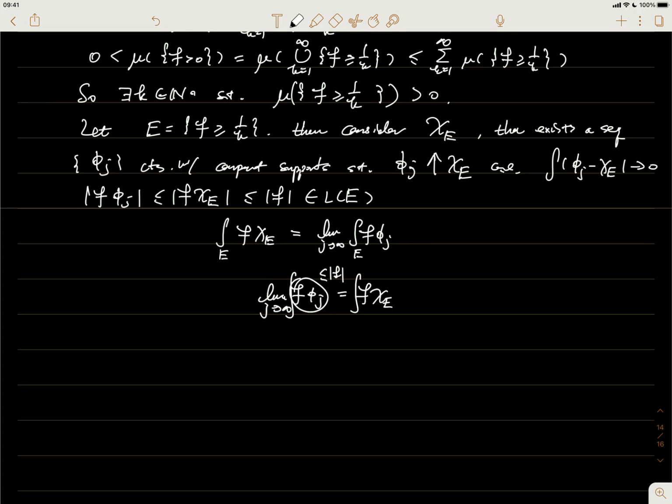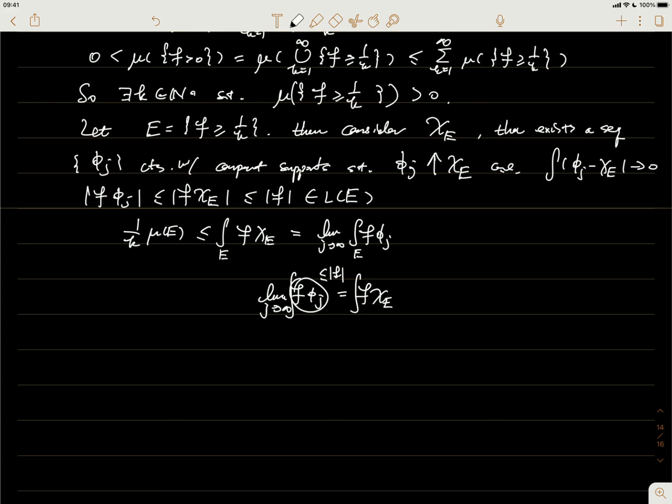On the one side, this is greater than or equal to 1 over k times the mu of E, because we know that on this set E, the function f takes values bigger than or equal to 1 over k.